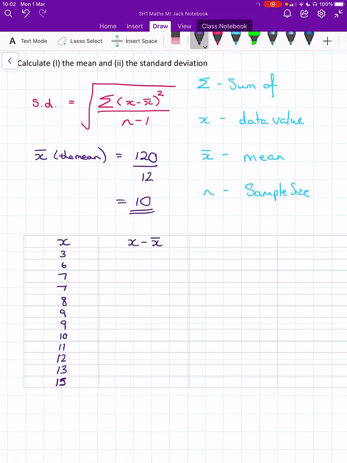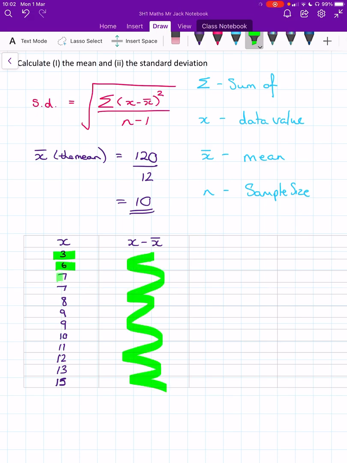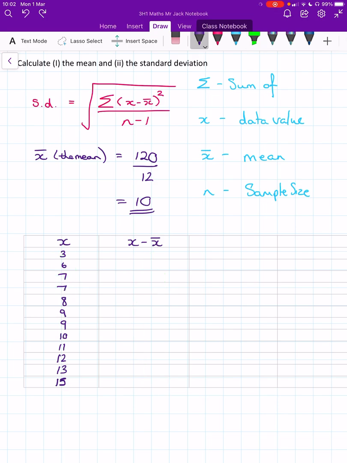Okay. So this column of our table, we're going to take each of these values and subtract the mean. So we're going to take each of those values all the way down and subtract 10 from each one.